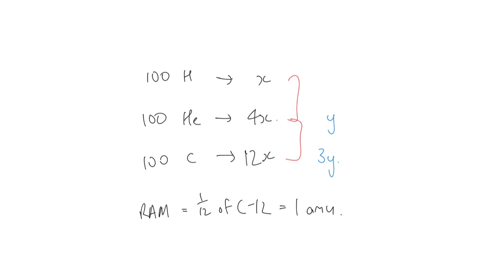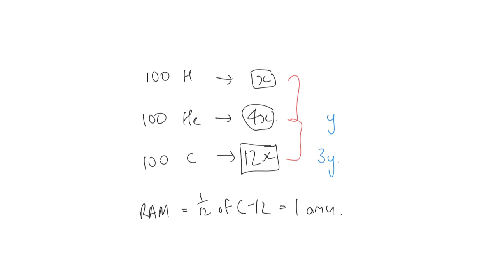So instead of it being X, that actually makes it right. 12X here is correct, because it's 12 times the 12th of the carbon 12. Making that 12X, this is roughly 1, this is roughly 4.